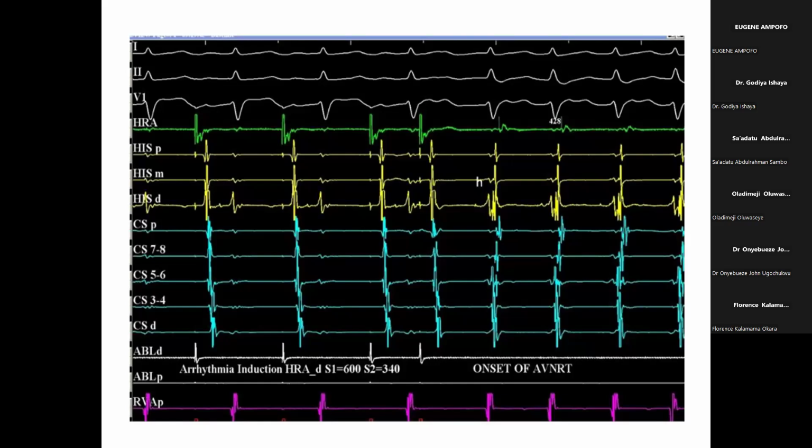If it's atrial flutter, you will see more waves in the HRA. I won't conclude everything today, but since you understand the basics now, in subsequent sessions we will be looking at different diagnoses and how to make that diagnosis. Hope you understand. But I just want to highlight some things.